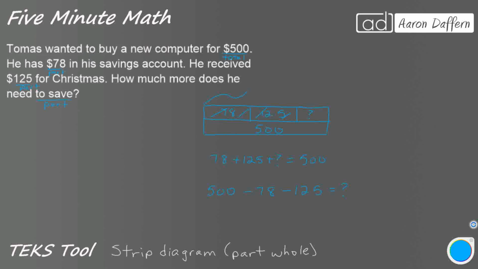Or some of you might want to do two parts. You might want to take your 500 and then take away however much 78 and 125 together is. That will also get you your unknown. So there's multiple equations we can do here. Once we have the strip diagram, we're now ready to perform operations and solve.